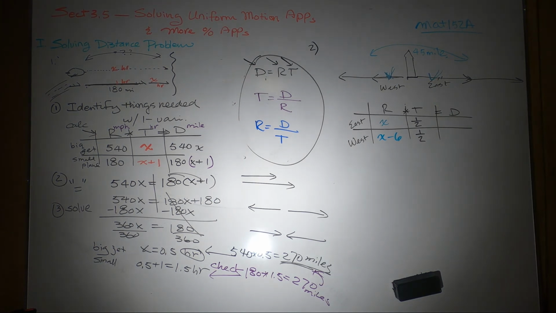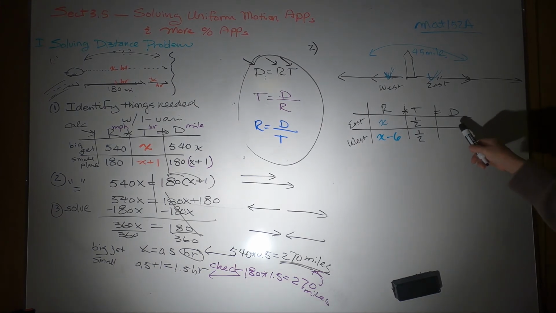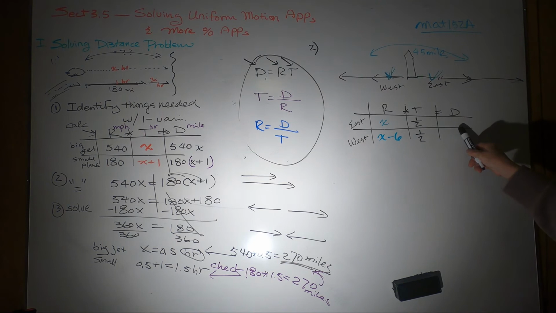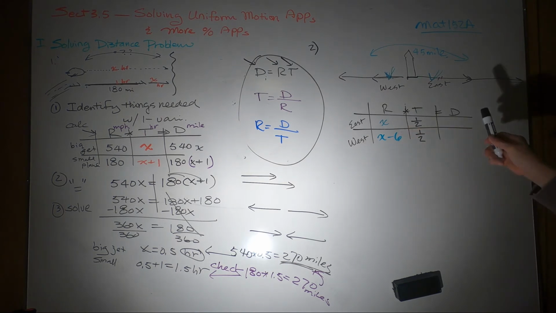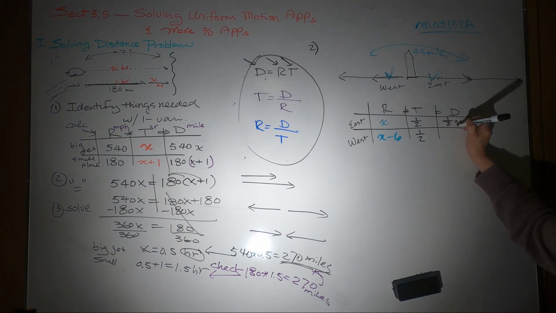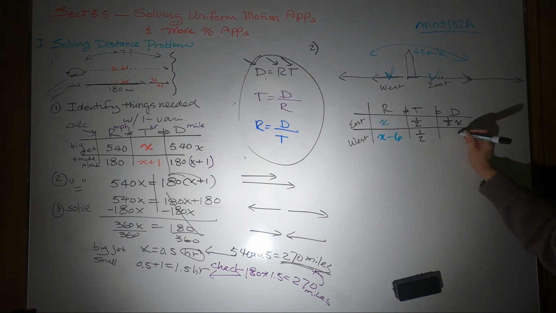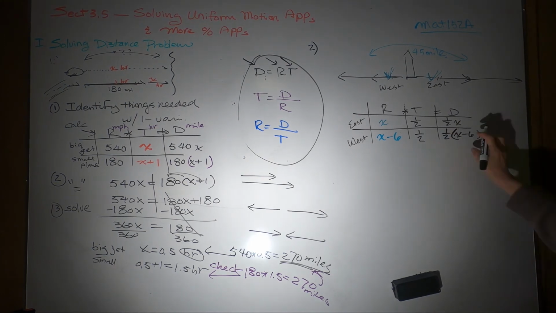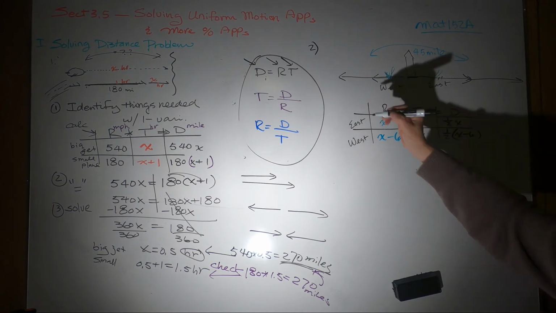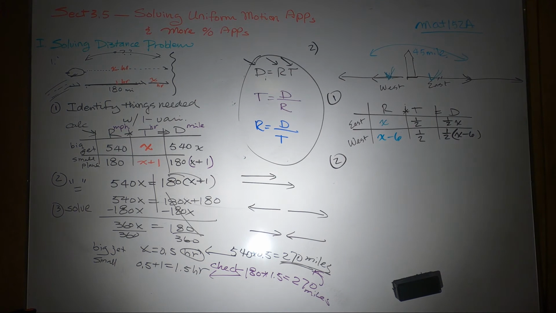Then if we do that, can we do the calculation to find the distance? We learned earlier, R times T equals D, right? So x times half for the eastbound. Then R times T, so it will be (x minus 6) times half. That will be the westbound, right? So first step, you do your analysis table.